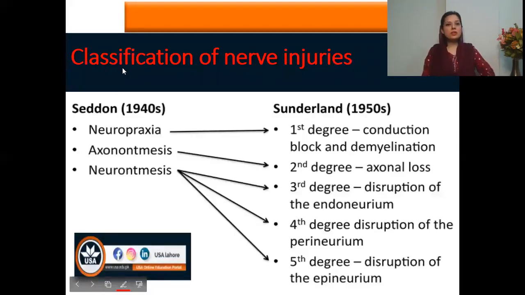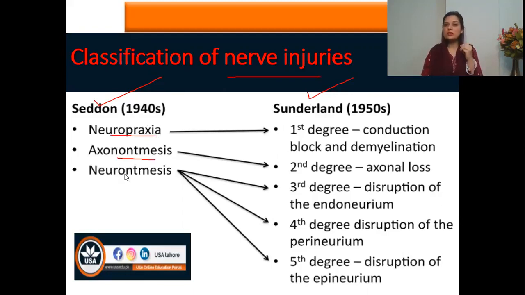Let me tell you about the classification of nerve injuries, I mean, how we have classified these nerve injuries. Basically, there are two types of classification: Seddon's classification and Sunderland's classification. According to Seddon's classification, it is divided into three types. Number one is neuropraxia, a term we are very familiar with. The second is axonotmesis, and the third is neurotmesis.